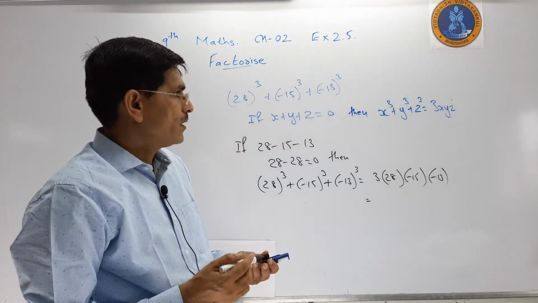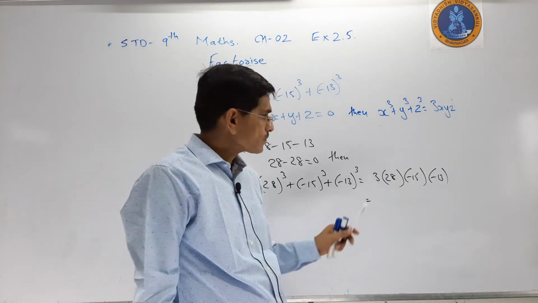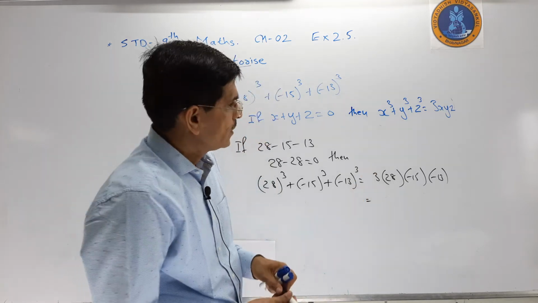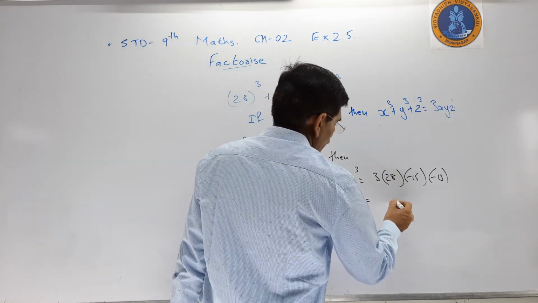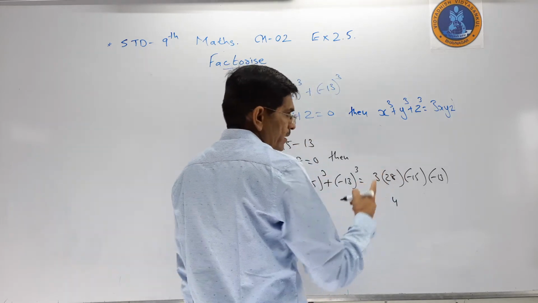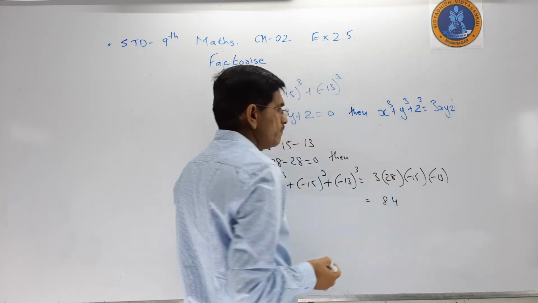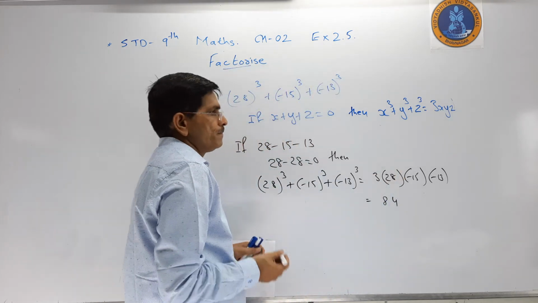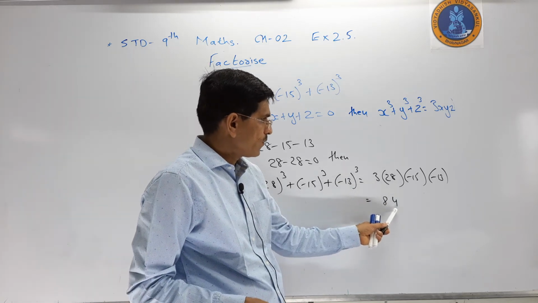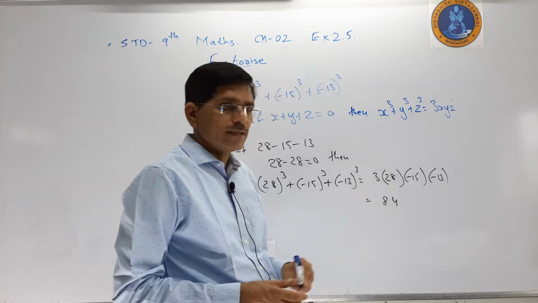So first of all, which is the easy way? 8 3s are 24, carry 2, 3 2s are 6, plus 2 is 8, so 84.